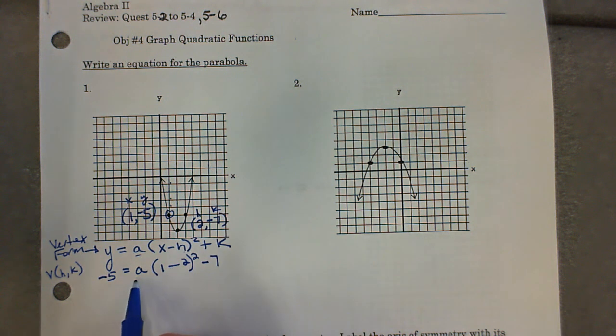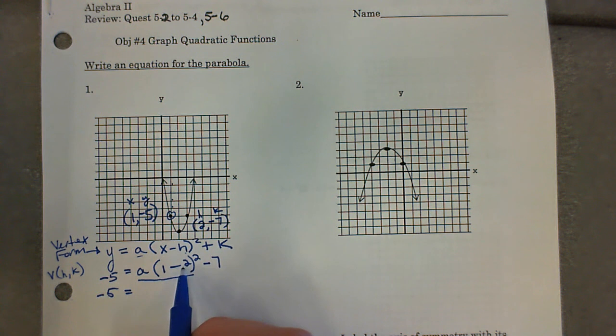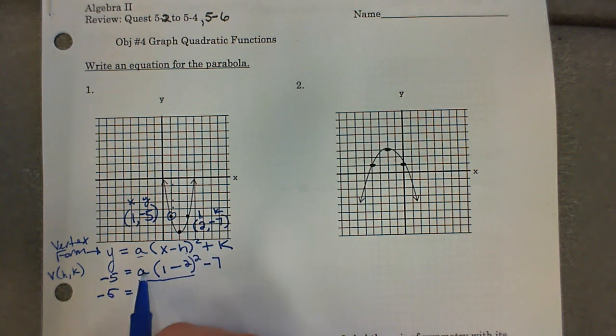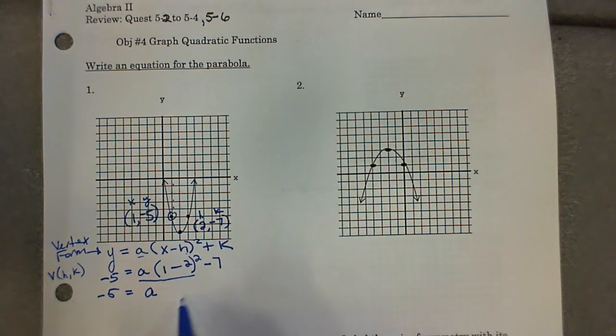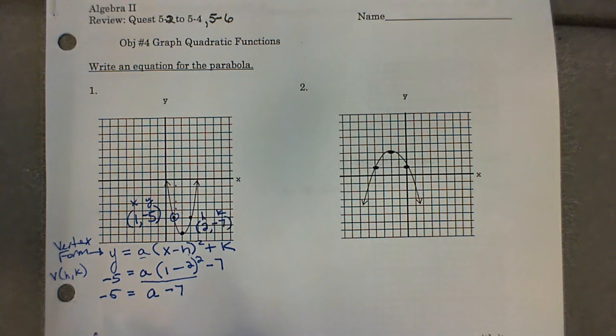Now we can solve for a. This is negative 5 equals 1 minus 2 is negative 1, squared is 1, 1 times a is just a, minus 7. If I add 7 to the other side, a is equal to 2.